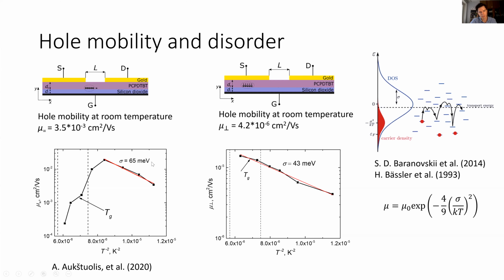And this red line shows the energetic disorder parameter, sigma, which comes from Bässler's Gaussian disorder model, the Gaussian distribution of density of states, in which he showed in his Monte Carlo simulation how charge carriers move through organic layers in general.